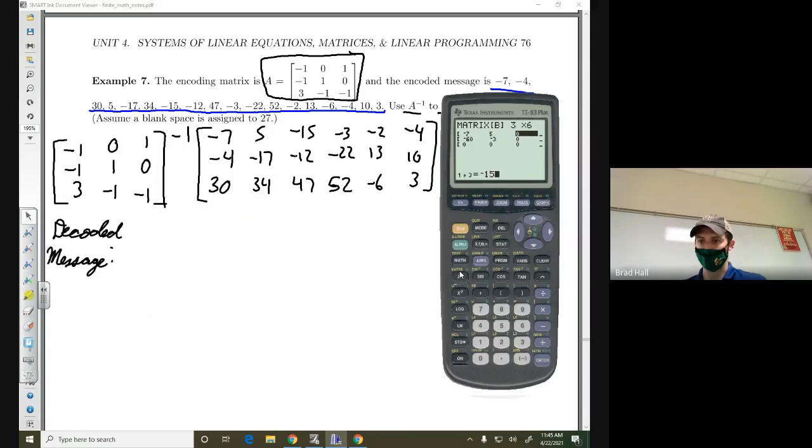And we can go ahead and plug in those values. It's quite a lot of typing. Let me make sure that everything is typed in correctly. So that's matrix B. And all you have to do is A inverse times B to get the decoded message.